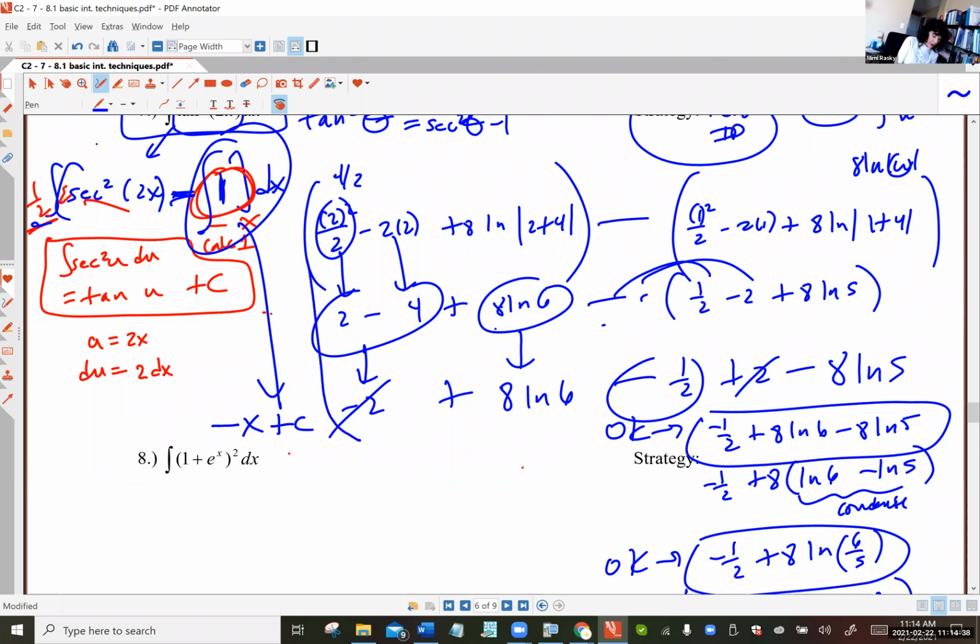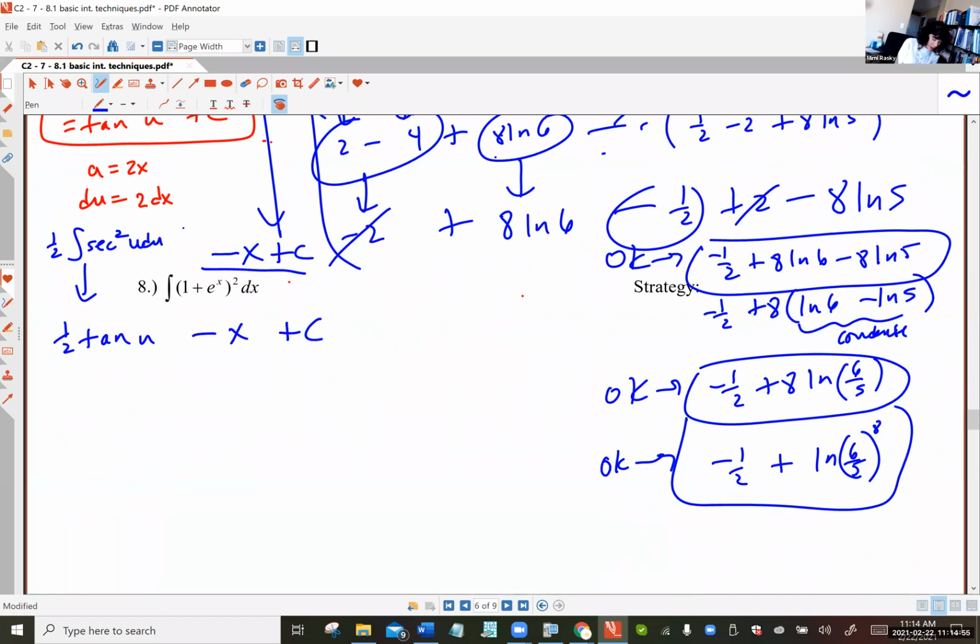And now this sec squared, if I do the intermediate step, it's looking like 1/2 sec squared u du, which would give you 1/2 tangent u, and then you still have this minus x plus c going on. You'd finish it out by back substituting for u with your 2x. So your final answer for this is 1/2 tangent 2x minus x plus c.